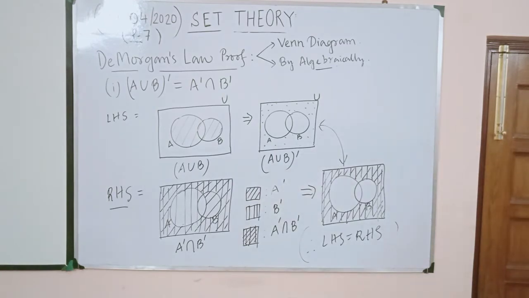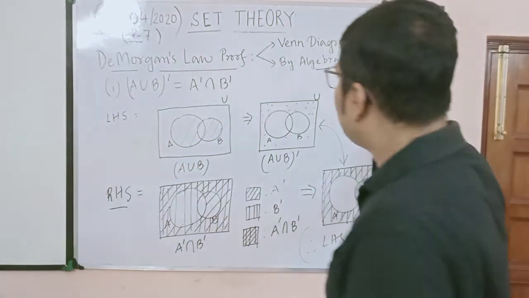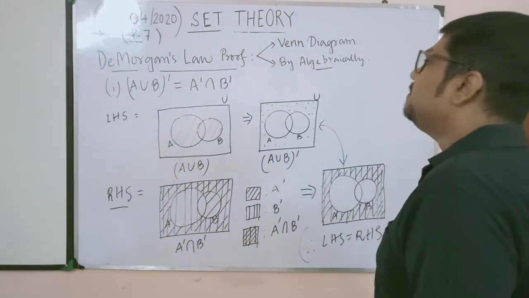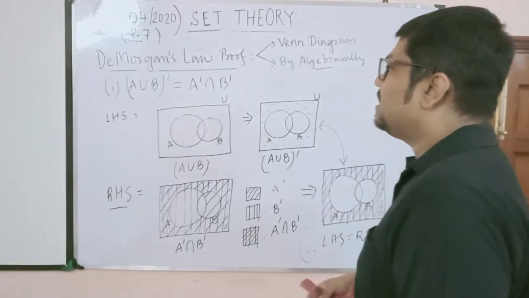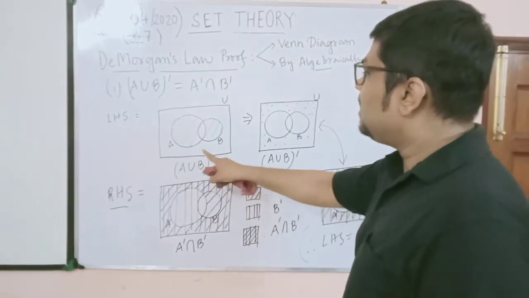Now we are going to prove the same law algebraically. So I will erase this part. You can pause the video and look at it. I always instruct that you go through the previous parts, as those are needed for understanding this. And here you understood, right?